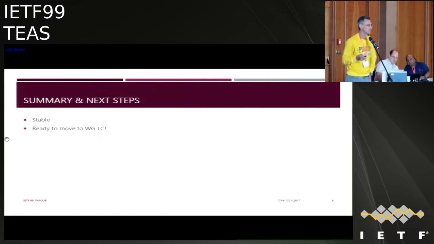So also for this document, we think the document is stable. There is all the information needed and managed in the context of ACTN. And so we think it is ready to move for the working group last call.